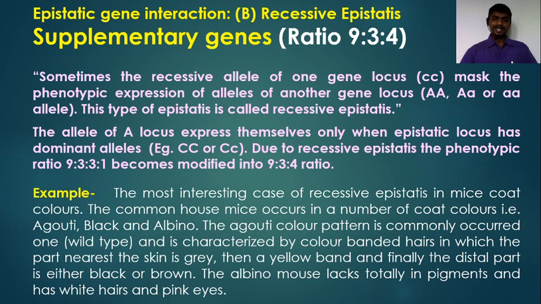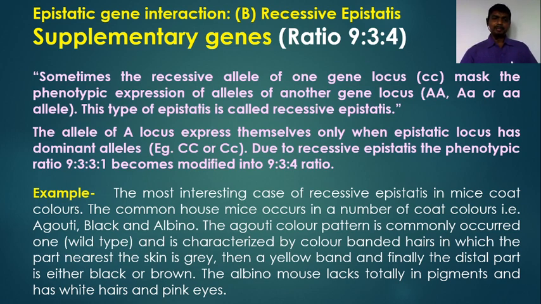So what type of bands are seen in the agouti mice? The part nearest to the skin is grey, then a yellow band, and finally the distal part is either black or brown. If you see the individual hairs of the agouti mice, the part nearest to the skin is grey, next to the grey is a yellow band, and finally the distal portion is either black or brown.